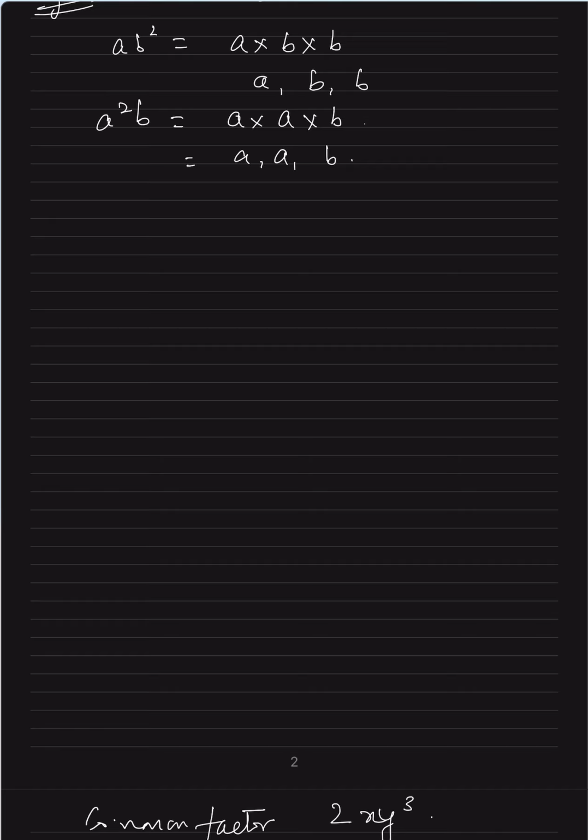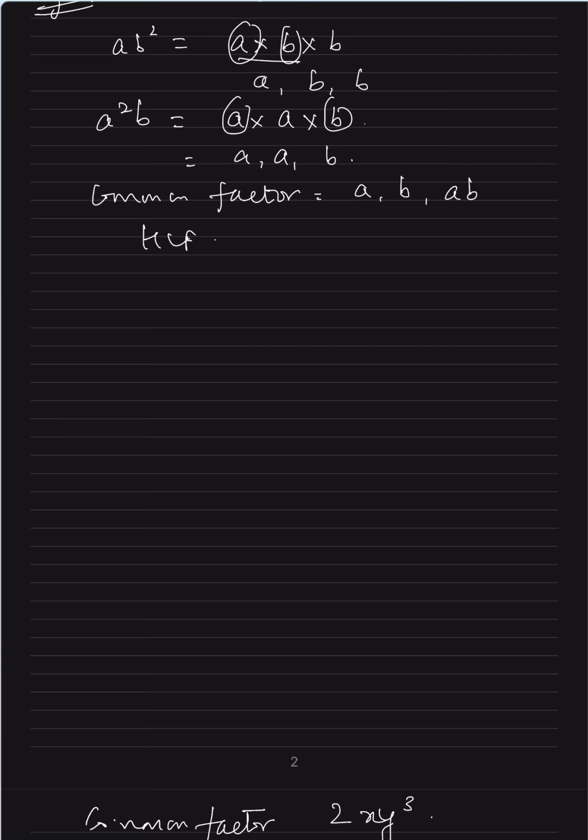Now I can say that common factor is nothing but AB. What is a common factor? 1A from here, 1A from here, 1B from here, 1B from here, and AB together also I can say. So the common factors are A, B and also AB.